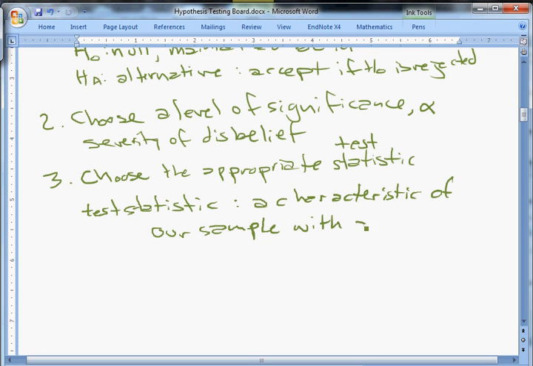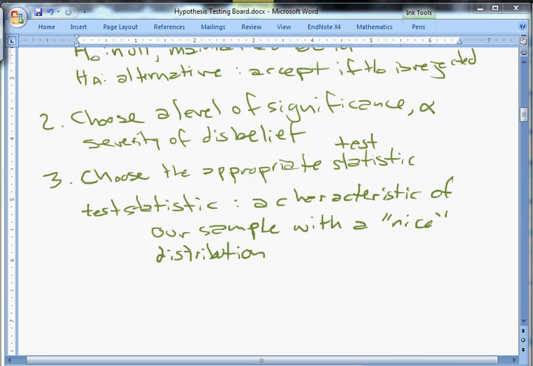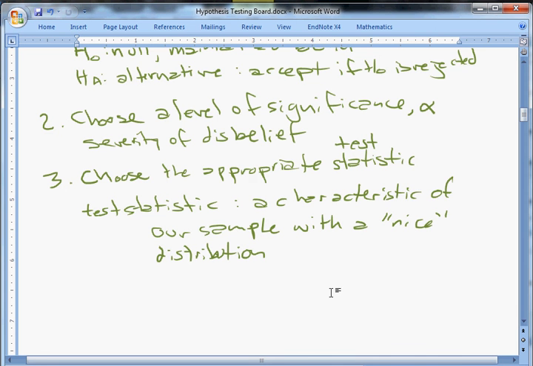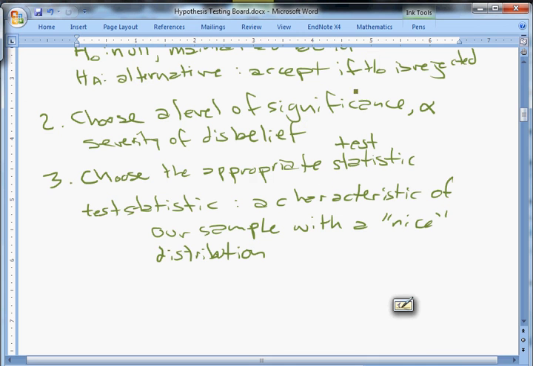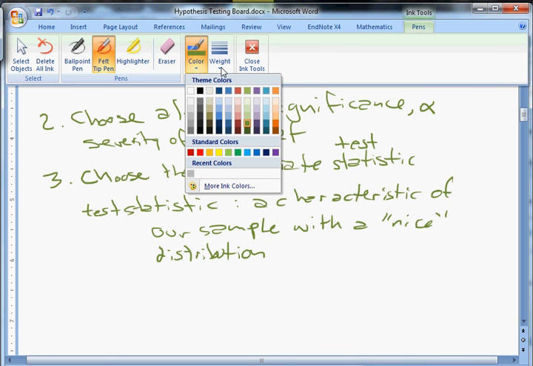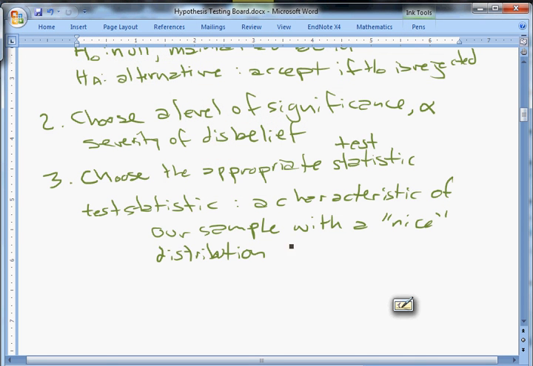By nice, I mean we can look it up on a table. In particular, we can look it up on a table and find out how unlikely this particular sample is. Usually it tells us how many standard deviations away we are, but the more important thing is that this test statistic tells us, or can be used to figure out, how unlikely our sample is.